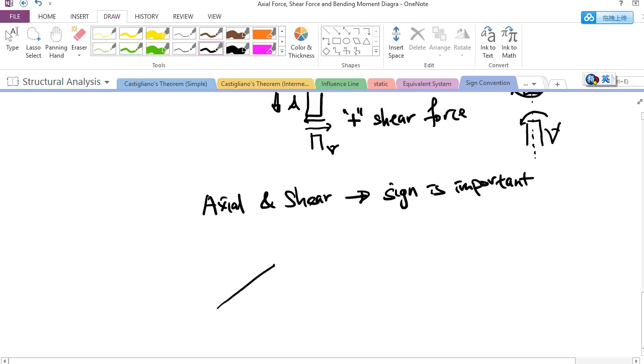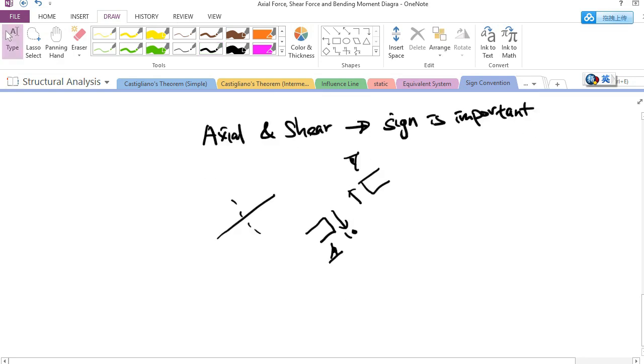For example, I have an inclined beam. If I cut at this point and say that this point has a positive 10 kilonewton shear, I will draw it something like this. Positive 10 kilonewton. There is no contradiction, no matter whether I look from this direction or this direction.